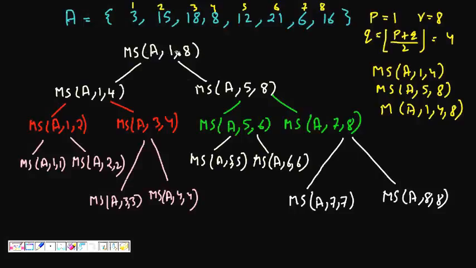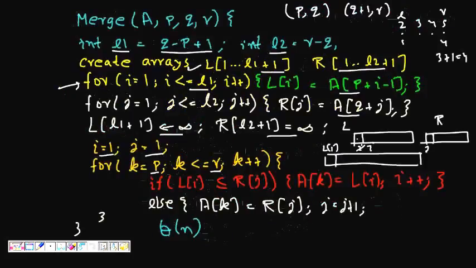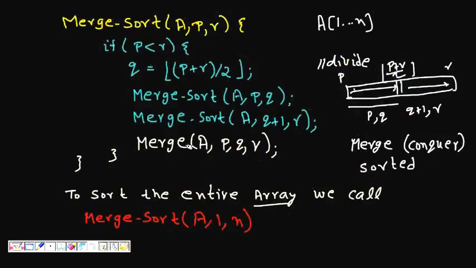MS I will represent as merge sort, and not MS Dhoni. If we see the code here, merge sort will call merge sort A, p, q, then merge sort A, q plus 1, r, then merge these two.